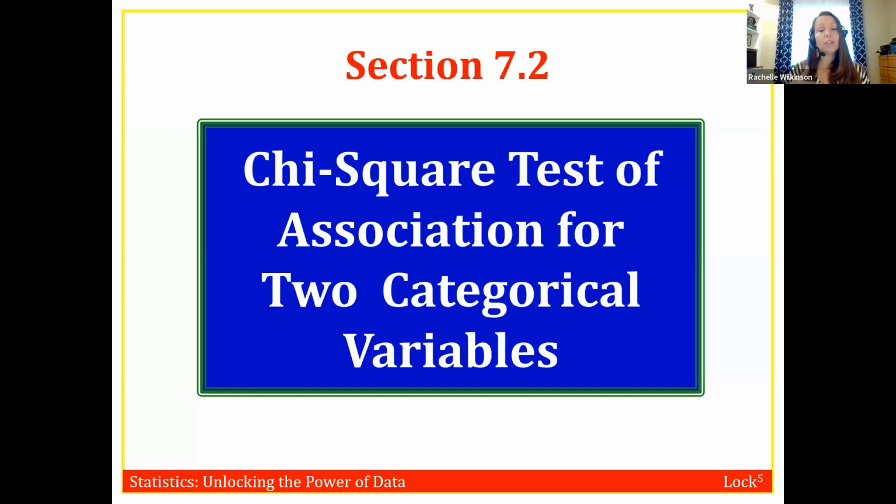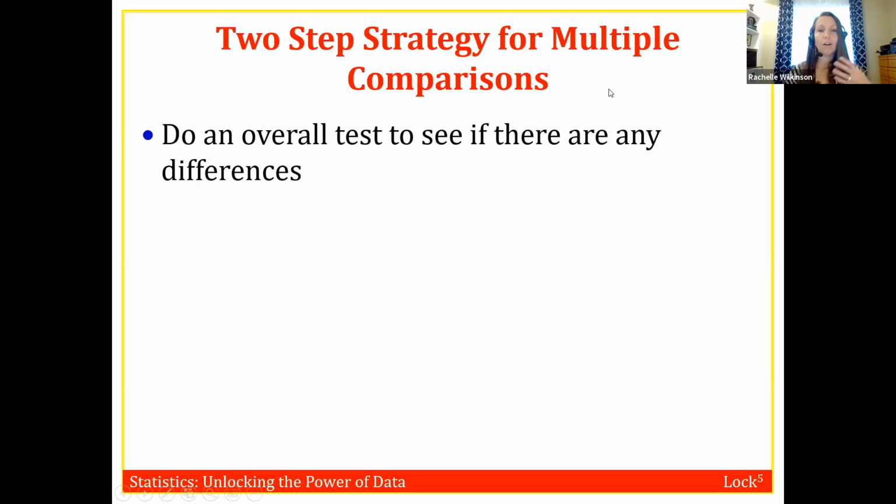So what we're going to do with these multiple comparisons, comparing multiple proportions or multiple means, is follow a two-step strategy. Our first step is to do an overall test. The overall test is going to see if there's any differences among any of the proportions or among any of the means, depending on which test we're doing.